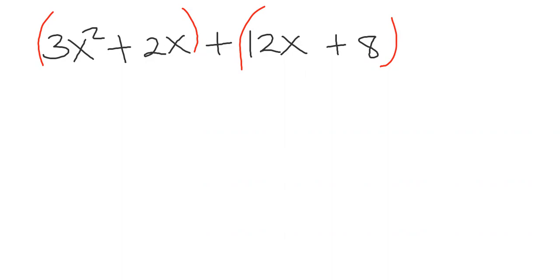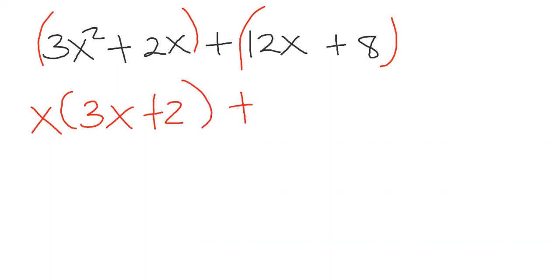Now, factorizing the first bracket, we get x(3x plus 2). Then factorizing the next set of brackets, what is the highest common factor of 12 and 8? The highest common factor of 12 and 8 is 4.